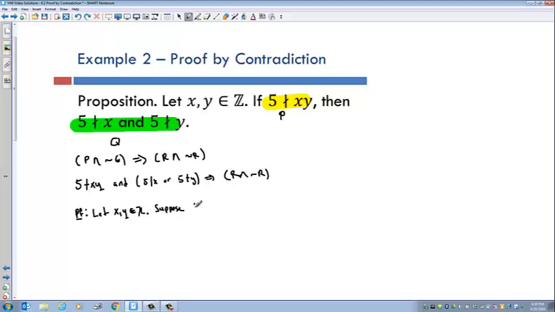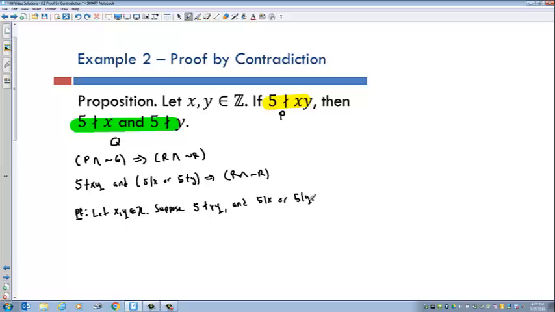So suppose 5 does not divide x times y, and 5 divides x, or 5 divides y.